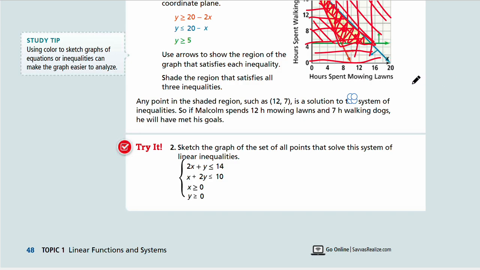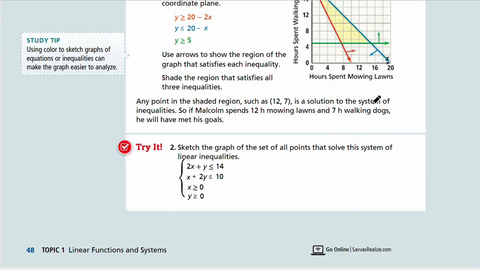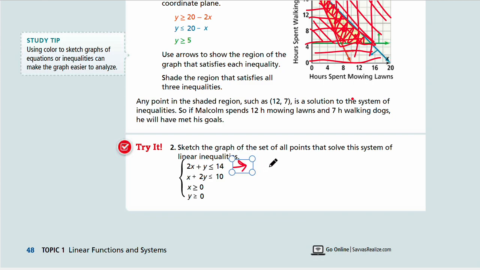Okay, are you ready? Okay, so you need to know how to graph them. First, you're going to change these into slope-intercept form, right? So y is less than or equal to negative 2x plus 14, and then y is less than or equal to negative 1/2 x plus 5.